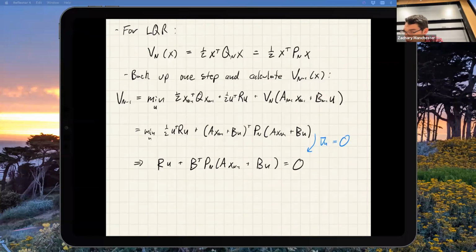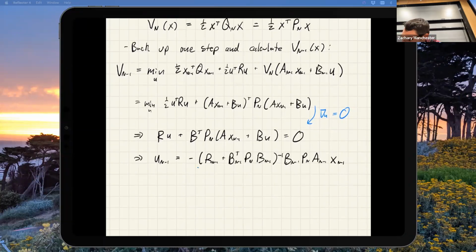And so then I can solve this for un minus 1 explicitly, the optimal un minus 1, and it's this thing. I'll put the time subscripts back in there now. This should be transpose.